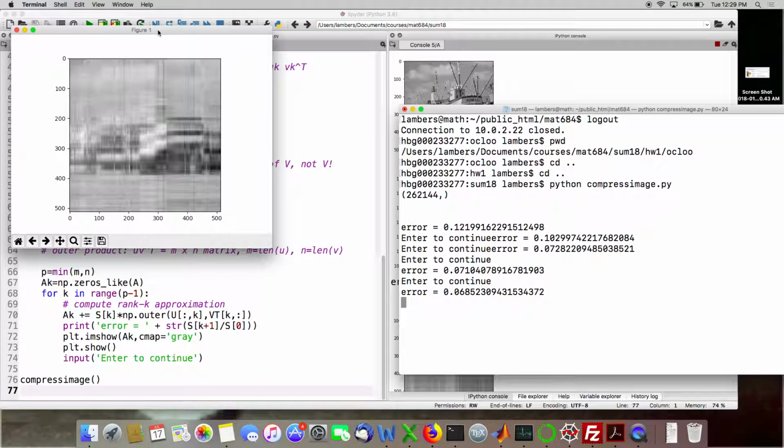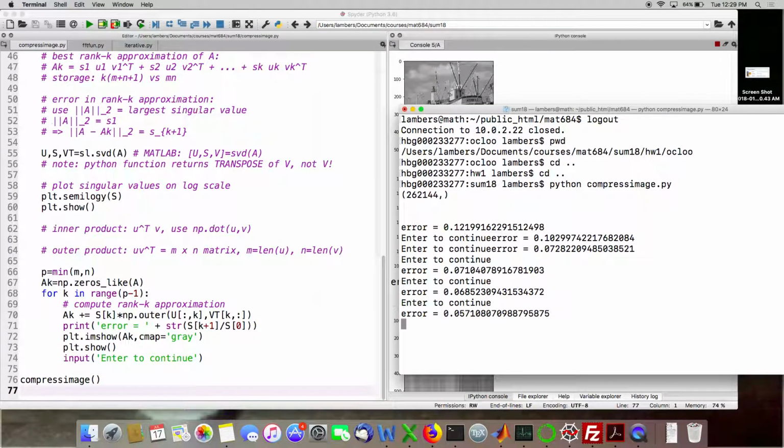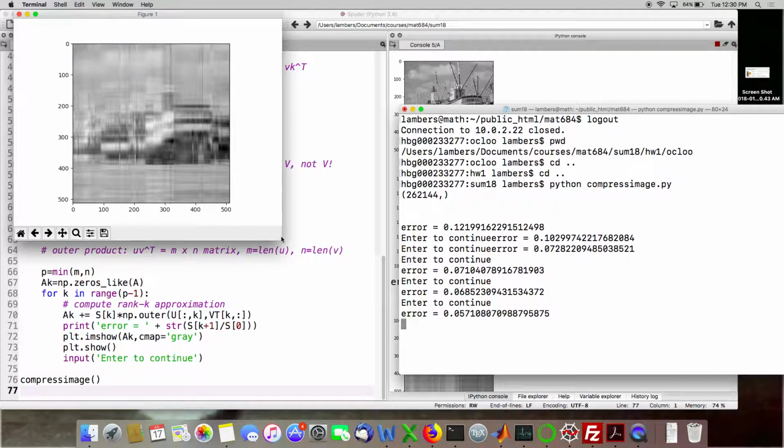All right. Now we're starting to see something vaguely resembling a boat, and we're down to 7% error. Okay, let's do a few more.